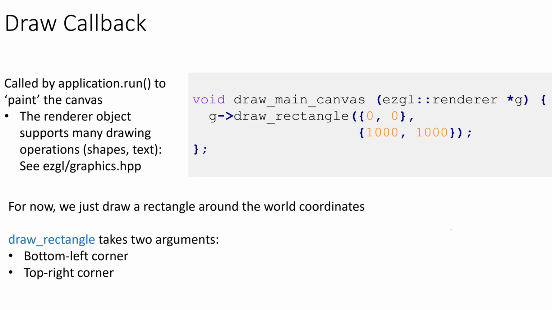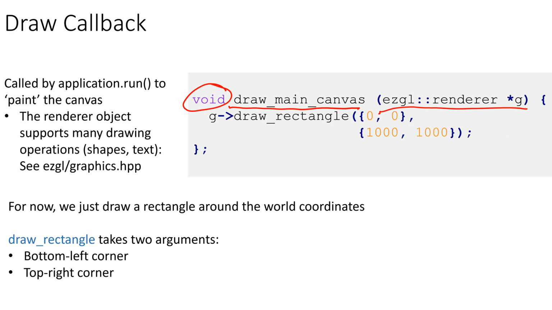So now I've told ece2gl that I have a function called draw main canvas. I need to make sure I write that. Otherwise, it won't compile. And ece2gl is going to call this function. I have to make sure its signature matches exactly what ece2gl wants. So ece2gl expects it to return void, like nothing, and it expects it to take 1 parameter.